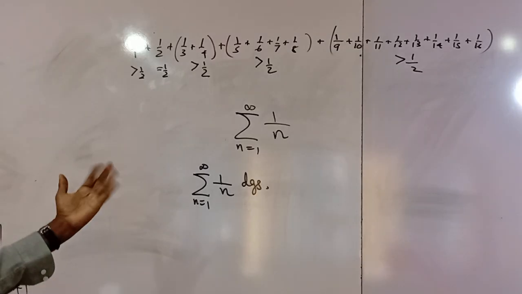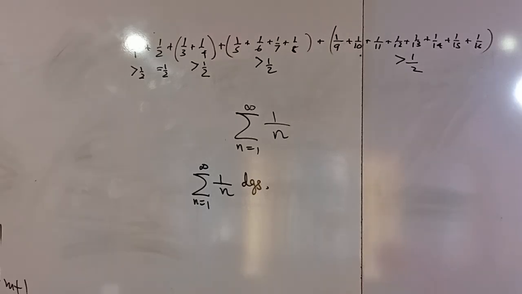You can apply this test, sigma 1 over n to the q converges if and only if q is greater than 1. And in this case, 1 over n, the power is 1, therefore it is divergent. It is true. But that kind of proof is very important for you when you are going to do studies.